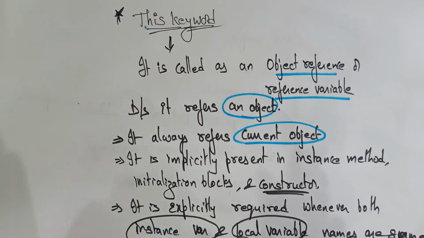So there is no confusion, students. It's a simple thing. The this keyword is called an object reference or reference variable. If you want to refer to an object, we use the this keyword, simply that. It always refers to the current object.